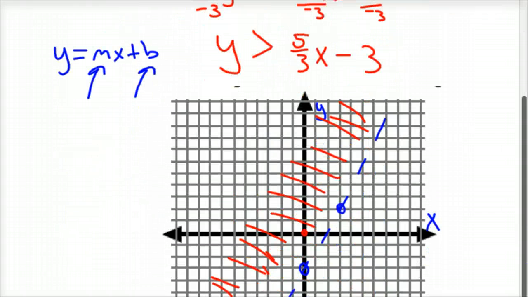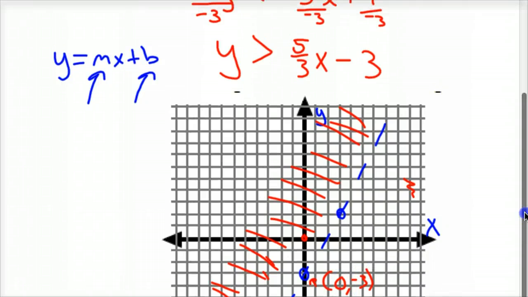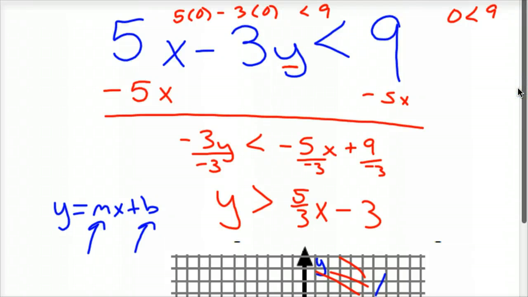However, if you pick something that's on the dotted line, or in the area that's not shaded, so let's just pick 0, negative 3, since that's kind of easy, and plug that in. So I'll do that over here. 5 times 0 minus 3 times negative 3, is that less than 9?